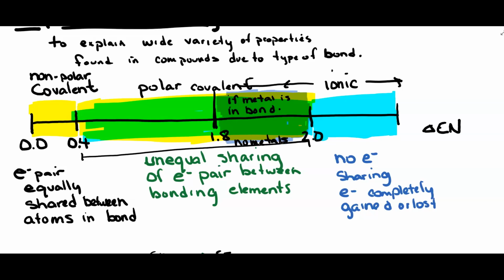You'll have to look at what's being given to you to find the electronegativity difference. If one of them is identified as a metal and the difference between the values is larger than 1.8, call it ionic. If the materials are two nonmetals or perhaps a semi-metal and a nonmetal, and the difference is between 1.8 and 2.0, you would label it polar covalent.